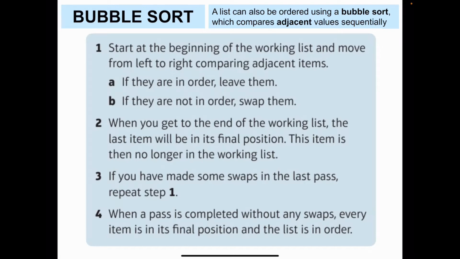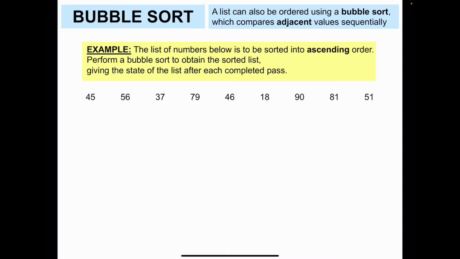The bubble sort does it by comparing adjacent values. That means the values that are next to each other. Let's look at how it works. In this example, we are required to carry out the bubble sort algorithm to put this list of numbers, 45, 56, 37, and so on, into ascending order.